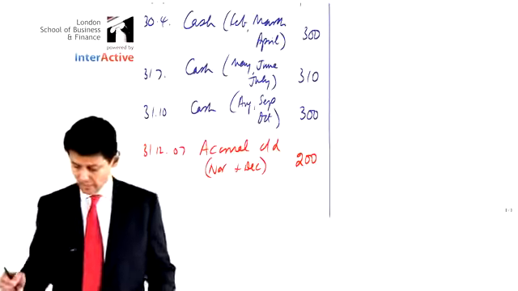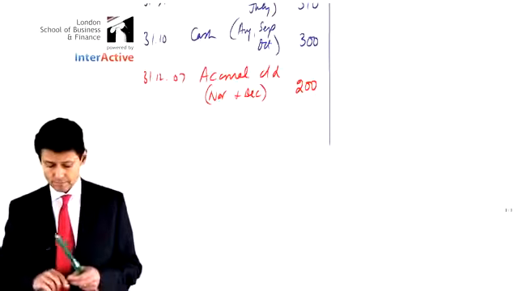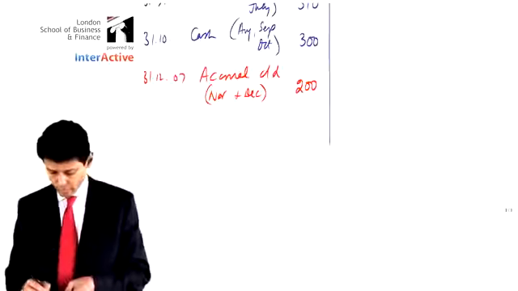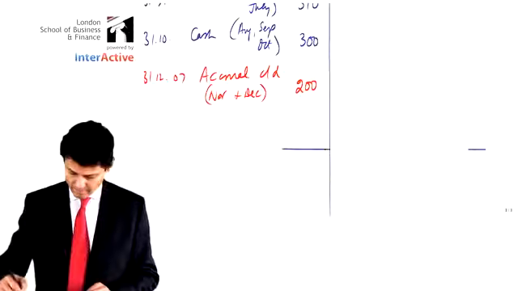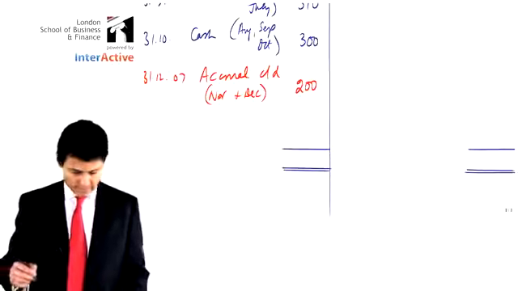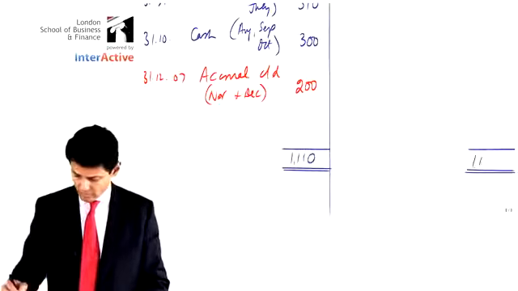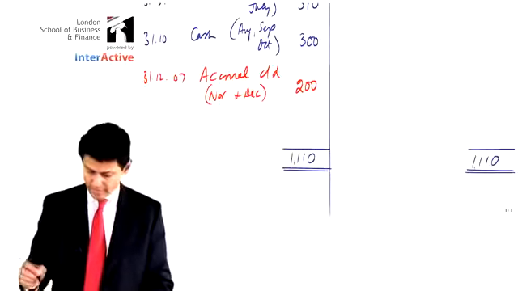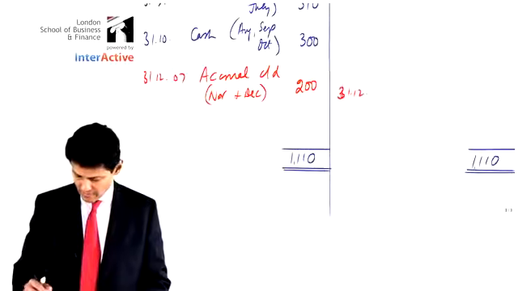And so as we close off the account, it's very important to actually bring it down and carry it forward. So let's leave a couple of lines. The debit side comes to 1110, and naturally that goes to the income statement as at December 07.